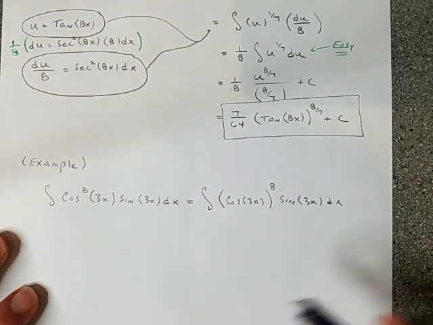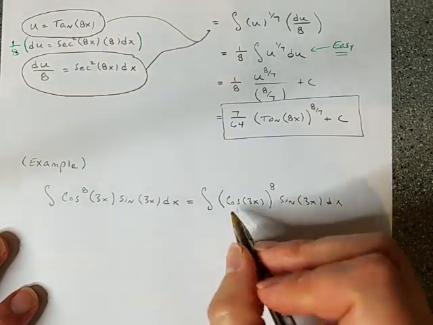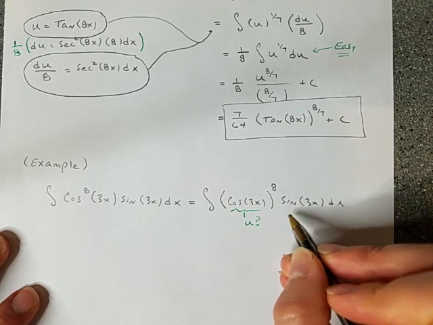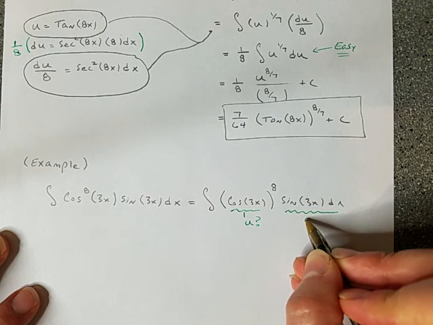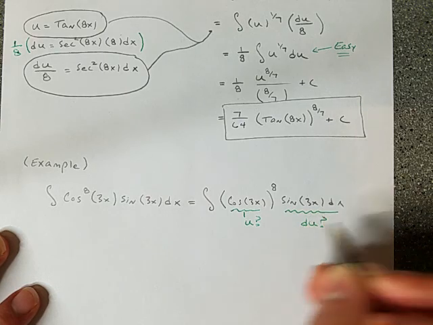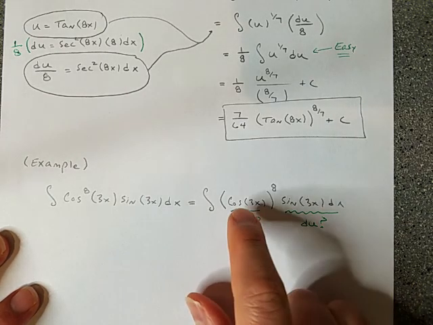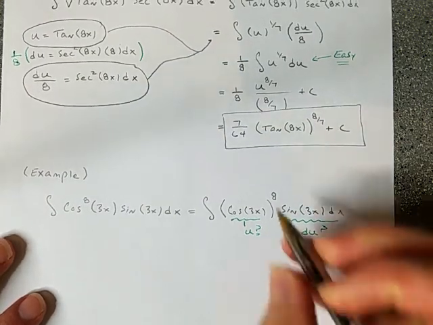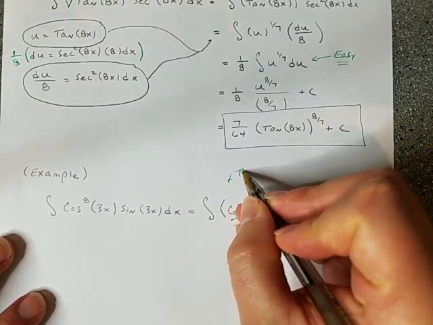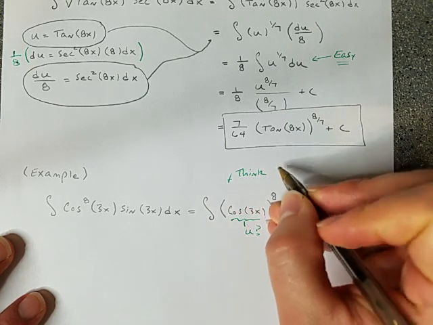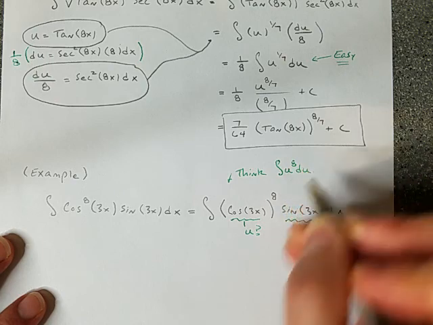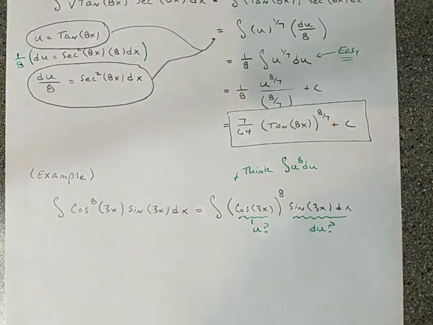I think that if you let this part be u, then this part right here will turn out to be the du. That's my thinking, because the derivative of cosine is negative sine, all right? And other than that, I think that if that works out, then my problem will become this type of problem, which is something I know how to do.